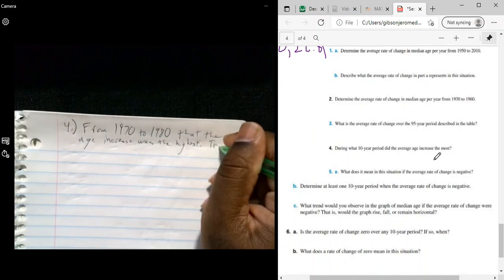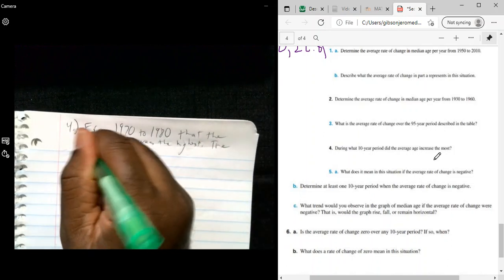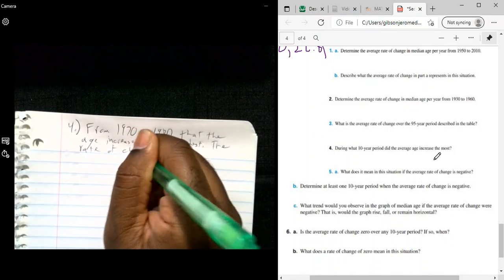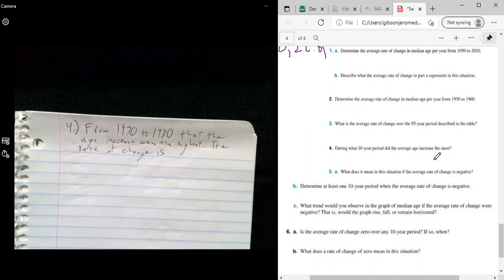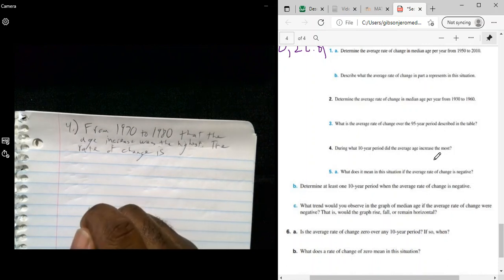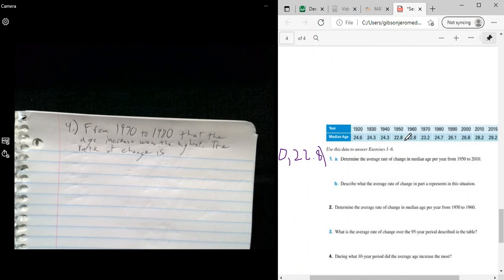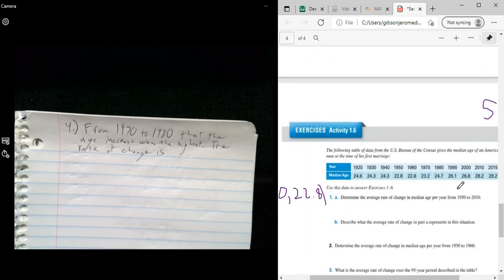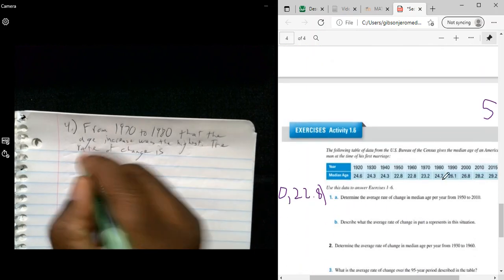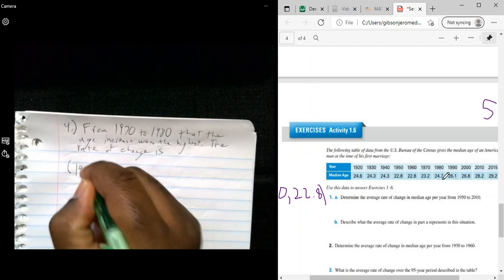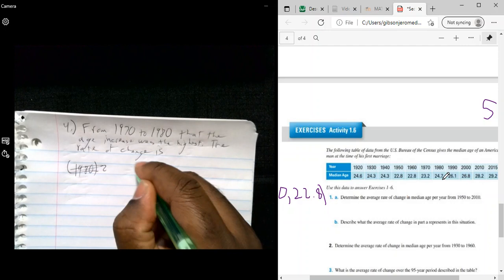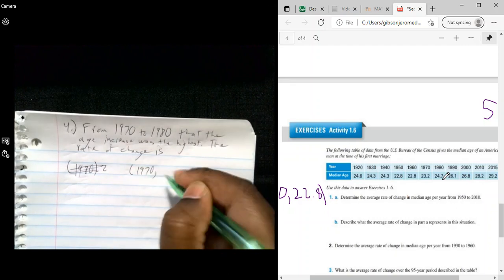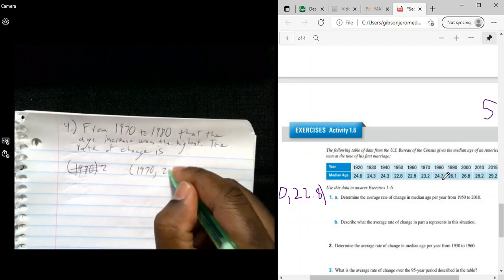The rate of change is, so we got to figure that out. So it's from 1970 to 1980. So if we look back up here, 1980 would be our y sub 2. Well, let me write it out. You had 1970, and you had 23.2.